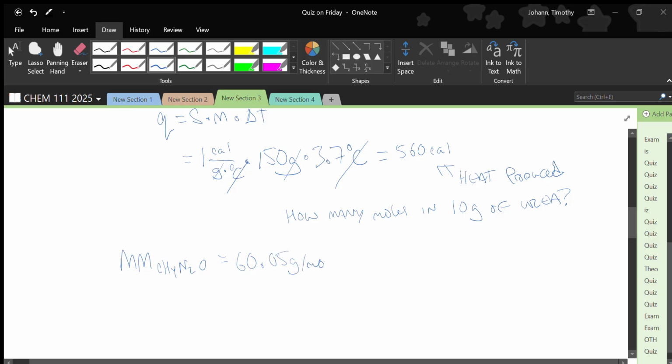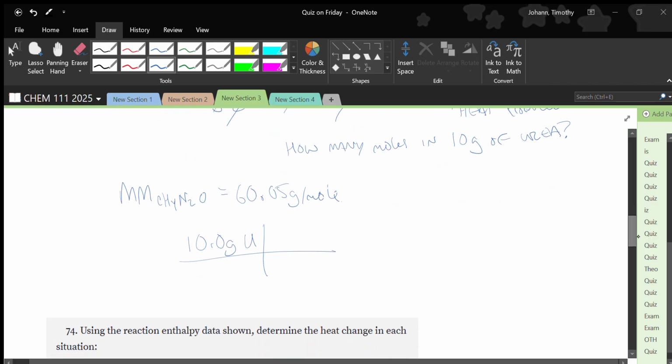Grams per mole. I have 10.0 grams of urea. If I have 60.05 grams of urea, I have 1 mole of urea, right? Grams of urea cancel with grams of urea, and now I'll get moles of urea out of that.